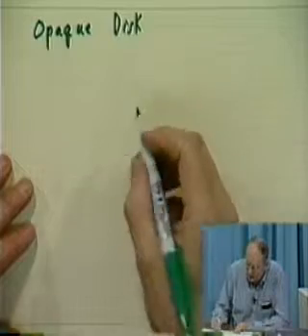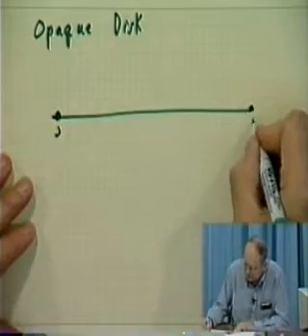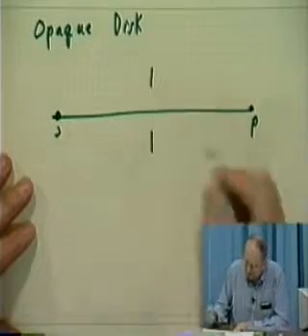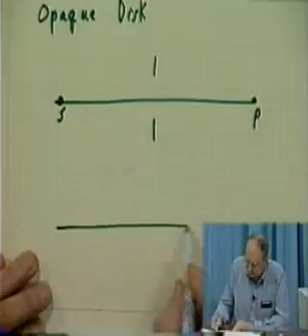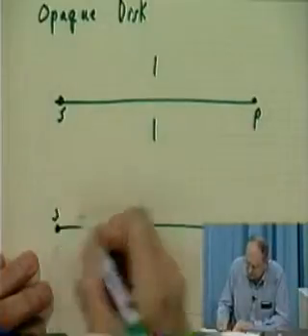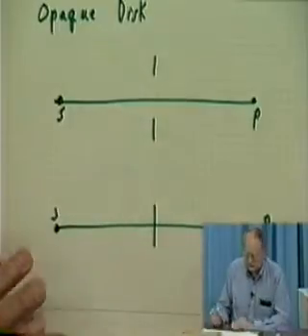Okay, so now instead of having source, point, aperture, what we're going to have is source, point, obstacle. Okay?